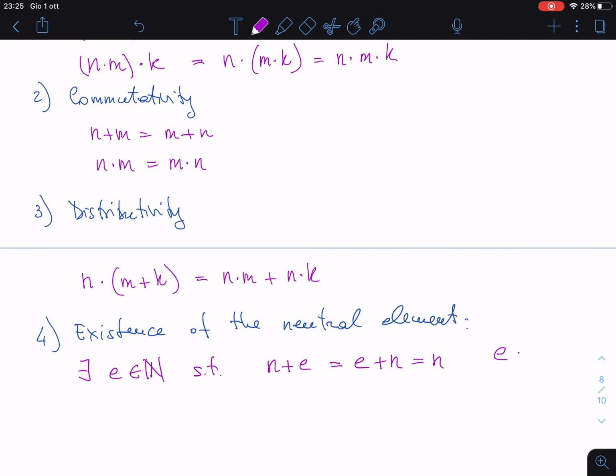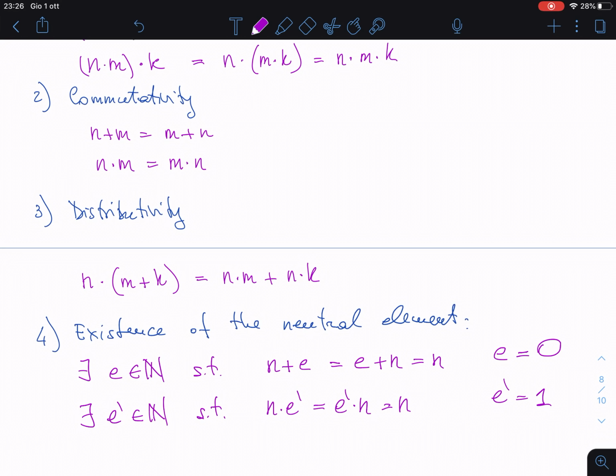This neutral element is denoted by 0, and there exists an E prime in N such that n dot E prime is equal to E prime dot n is equal to n. And this E prime is denoted by 1. Okay, you know everything about that.